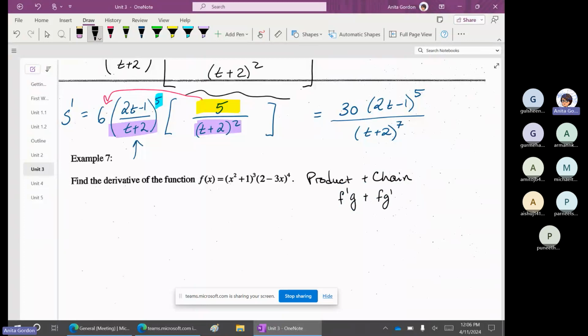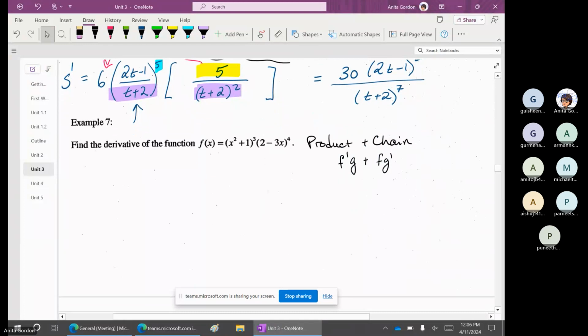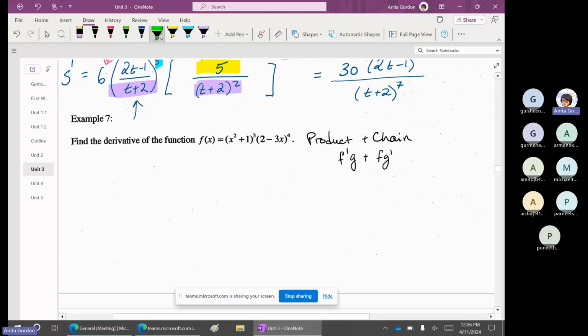Okay, so I'm going to give you guys a quick head start. And then I will catch up. This one, unfortunately, does not get very cute at the end.